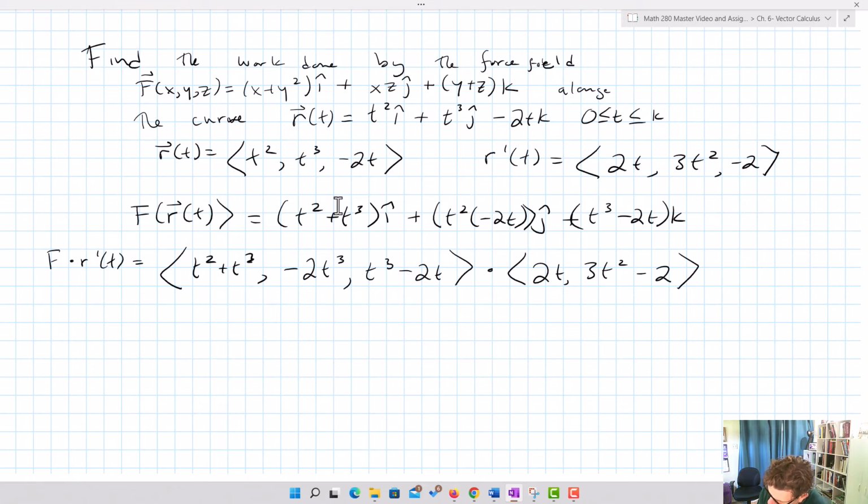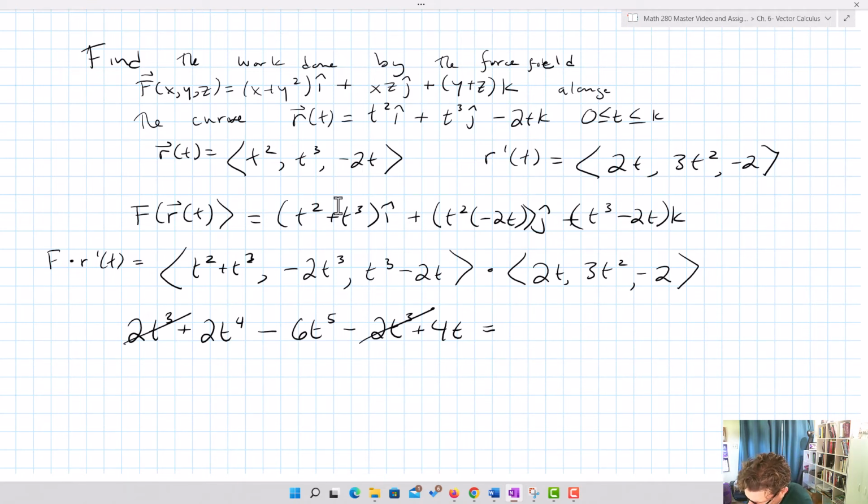We'll go through and do that. We're going to get 2t cubed plus 2t to the 4th minus 6t to the 5th minus 2t cubed plus 4t, which ends up equaling, we've got 2t cubed and negative 2t cubed, they go away. I get negative 6t to the 5th plus 2t to the 4th plus 4t.